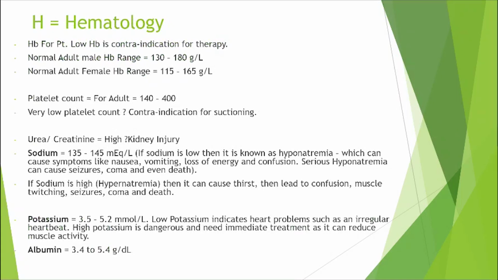High potassium is also dangerous and needs immediate treatment as it can reduce muscle activity. Potassium is more related to the heart, so always check the potassium value. So sodium, potassium, then albumin, 3.4 to 5.4 grams per deciliter. So in hematology we check hemoglobin, platelet, urea, creatinine, sodium, potassium, albumin.